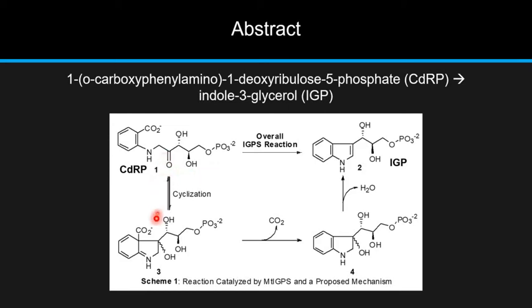The enzyme facilitates a ring closure, followed by a decarboxylation, and finally a dehydration. This reaction is essential for bacterial life, and the enzyme catalyzing it, IGPS, is absent in humans. For these reasons, this enzyme represents a potential target for antibacterial drug development against pathogenic bacteria.